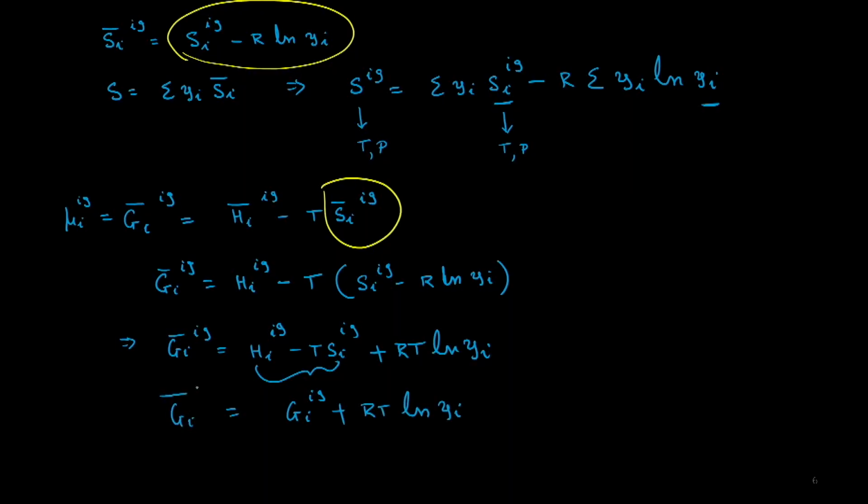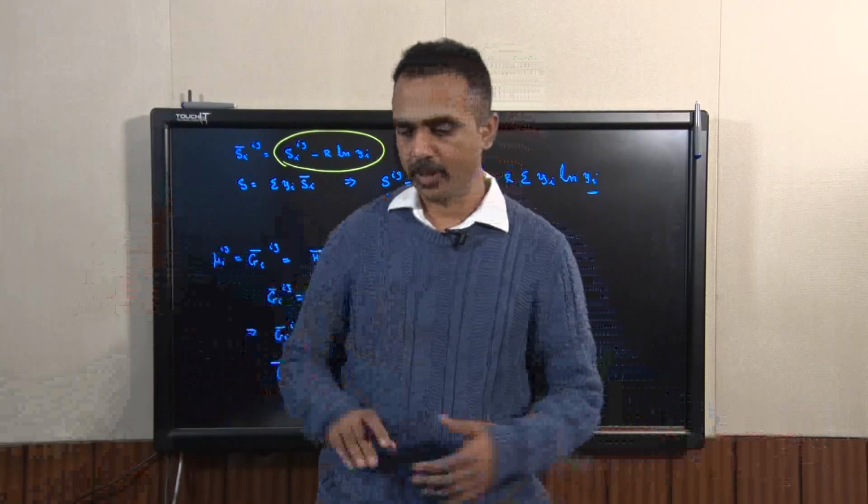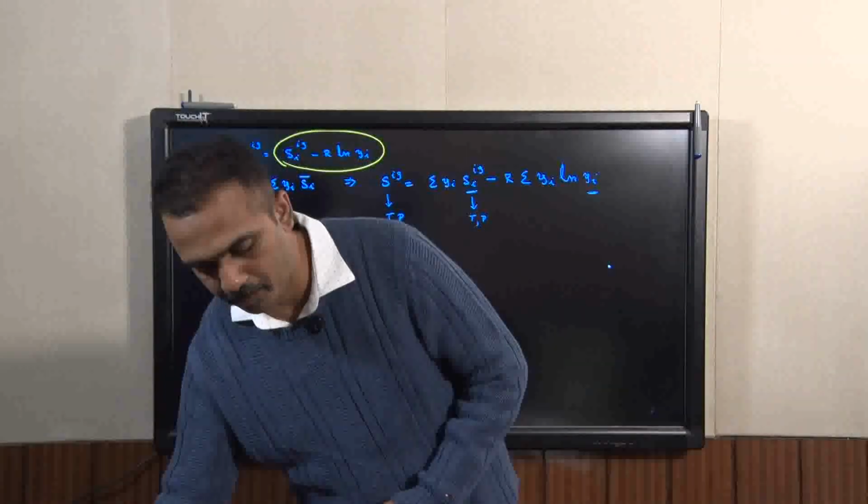So the partial molar Gibbs free energy, or the chemical potential, is equal to the pure component Gibbs free energy Gi plus RT ln yi. So what we have done is derived a relationship between the partial molar property and the pure component property, all at the same temperature and pressure.